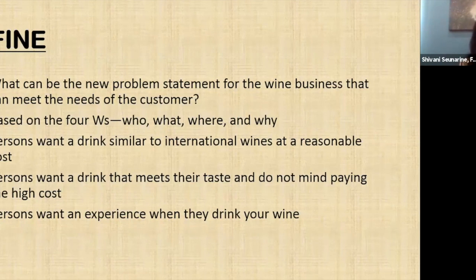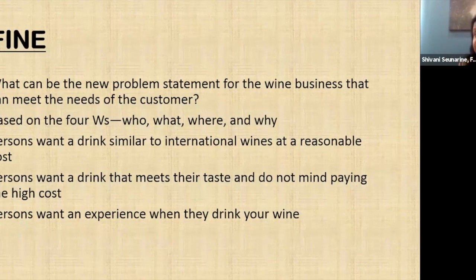Persons want a drink similar to international wines at a reasonable cost. This is what we came up with when we did our analysis with the business. When we did the whole feasibility and looked at your power users and your extreme users, you realize there are persons who will purchase the local wine, but they want to compare it to the international wine, and they want it at a reasonable cost.